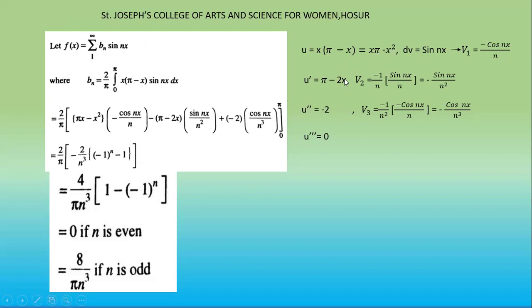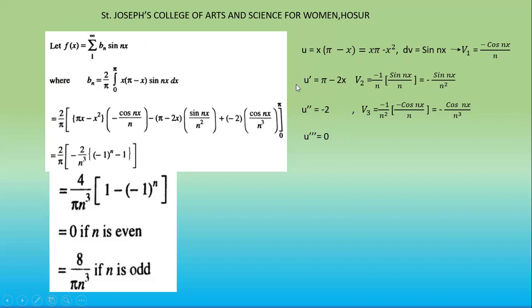So u dash is pi minus 2x. Next, u double dash: differentiating the constant pi gives 0, and minus 2x differentiates to minus 2. So u double dash is minus 2. Since this is a constant, differentiating again, u triple dash is 0. So from u we found u dash, u double dash, and u triple dash.